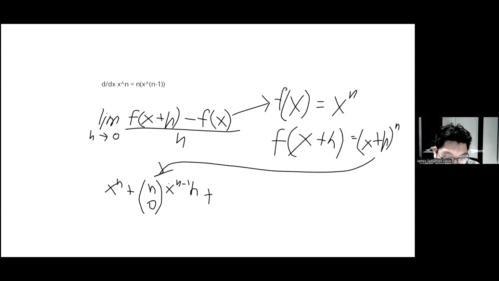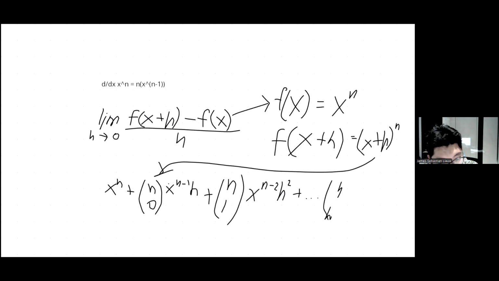So in other words, this is something all of you should know. Anyway, if we continue all of this, and this goes on until you only have n, the last term is h power n.